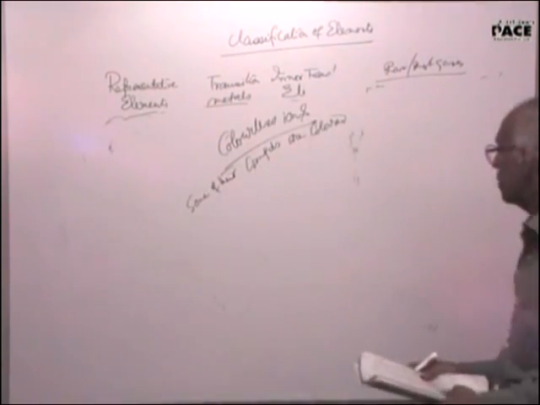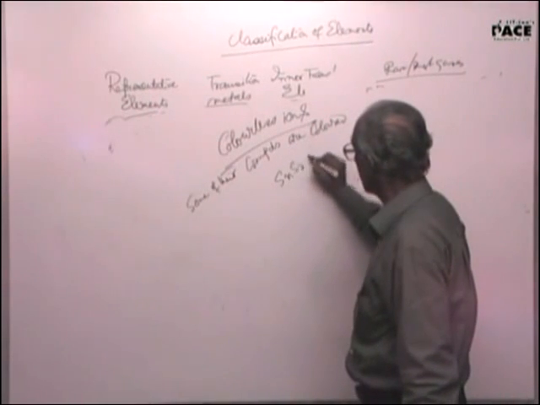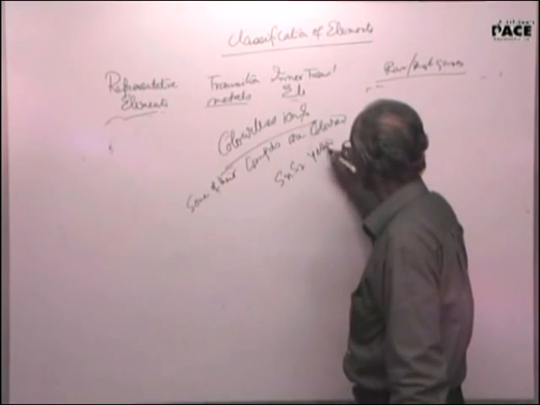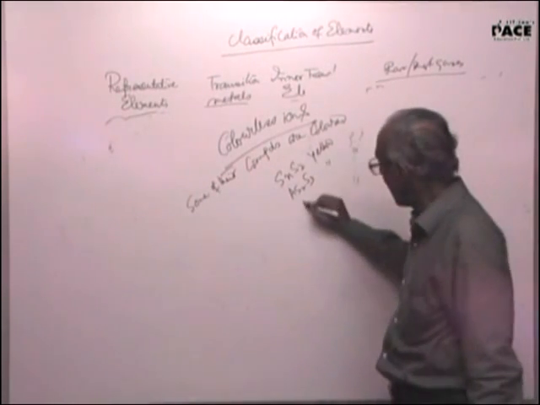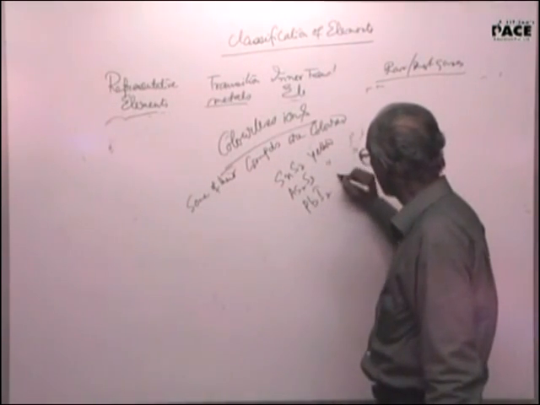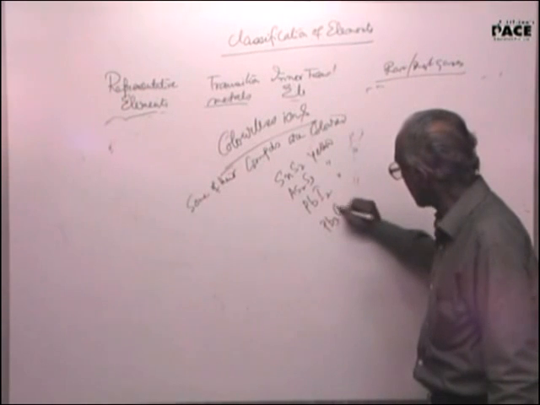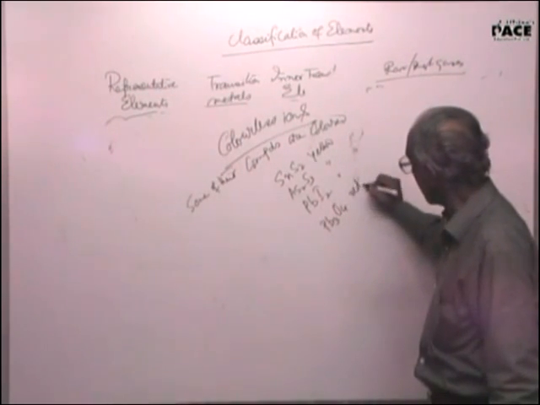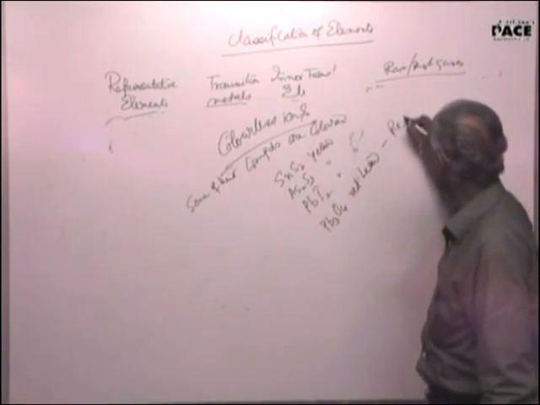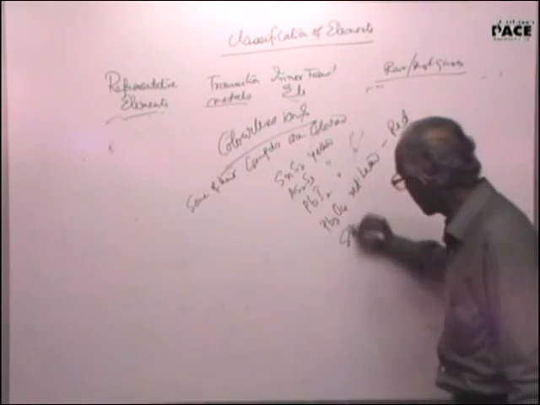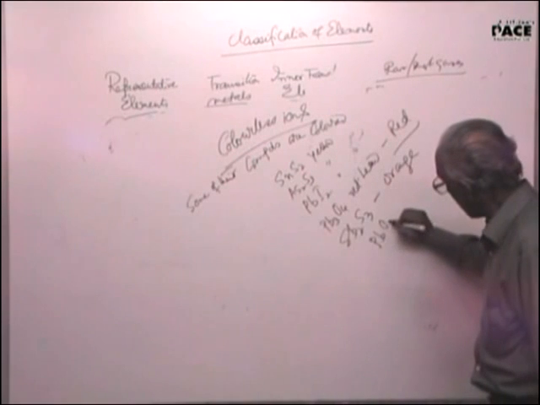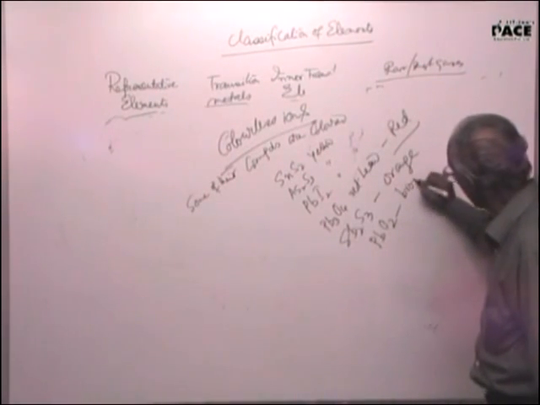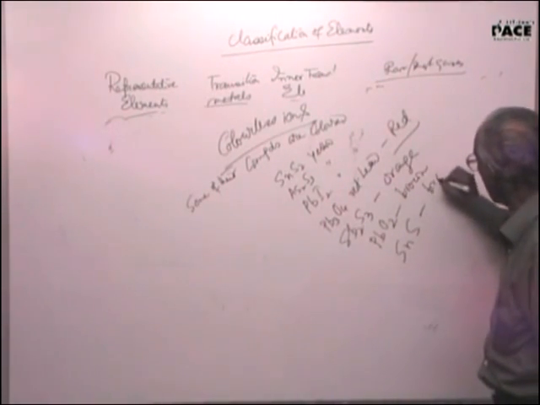For example, stannic sulfide is yellow in color, arsenic sulfide is yellow, lead iodide is yellow, Pb3O4, which is called red lead, is red in color, antimony sulfide is orange in color, lead dioxide is brown, stannous sulfide is brown.